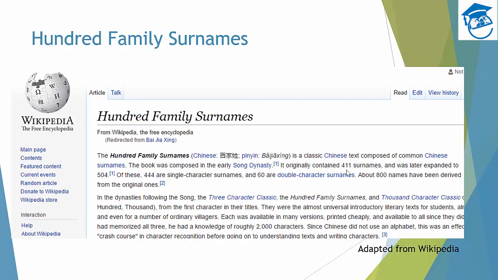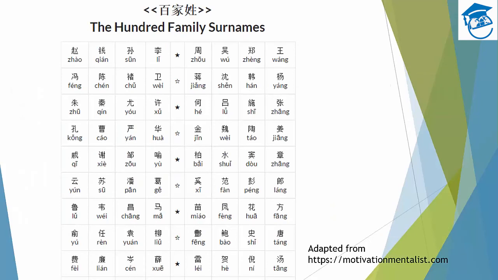So it is a text that you can look at, and if you search online, you can find a list of the Chinese words. So bear in mind, this does not correspond to the abundance of names. It was compiled based on the powerful families in the Song dynasty.